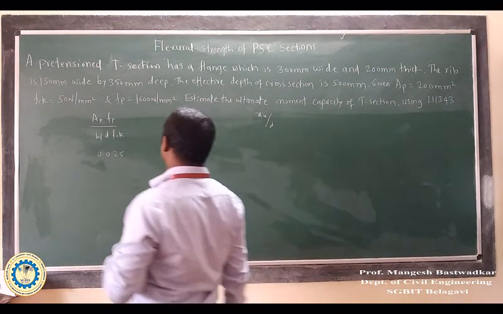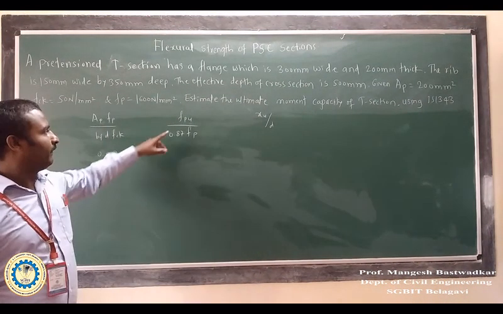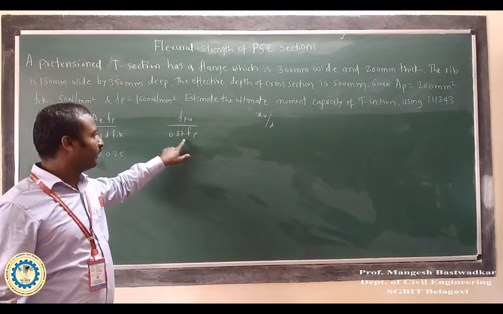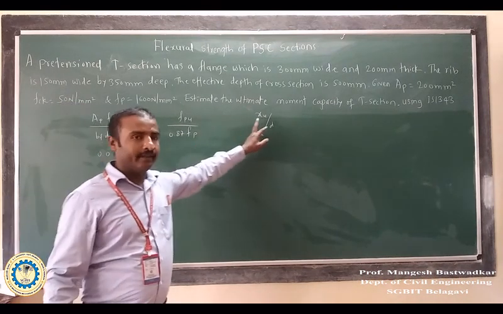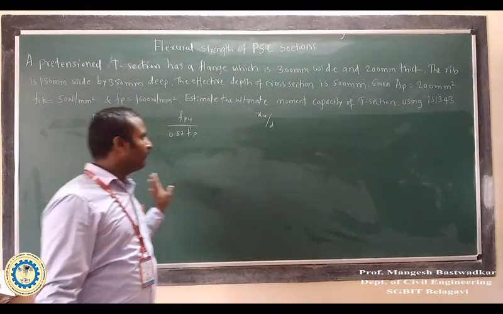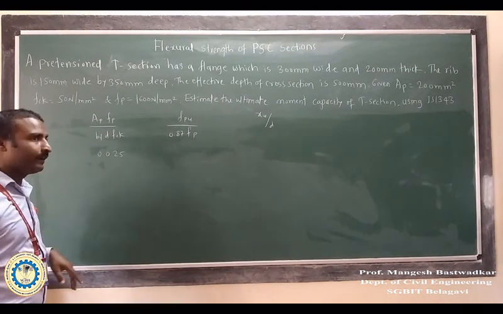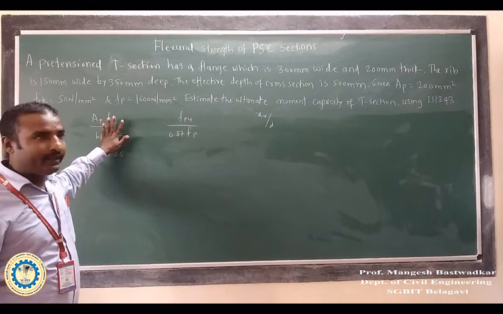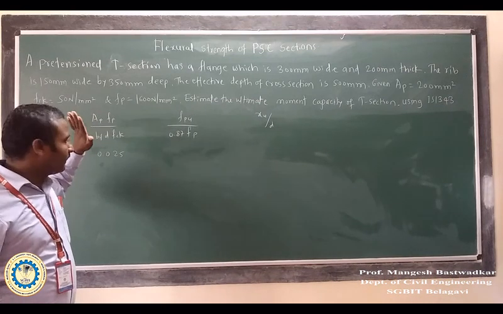Now we will obtain the value of FPU divided by 0.87 FP and XU by D from Table number 11 of IS 1343:1980. So we have calculated the effective reinforcement ratio.